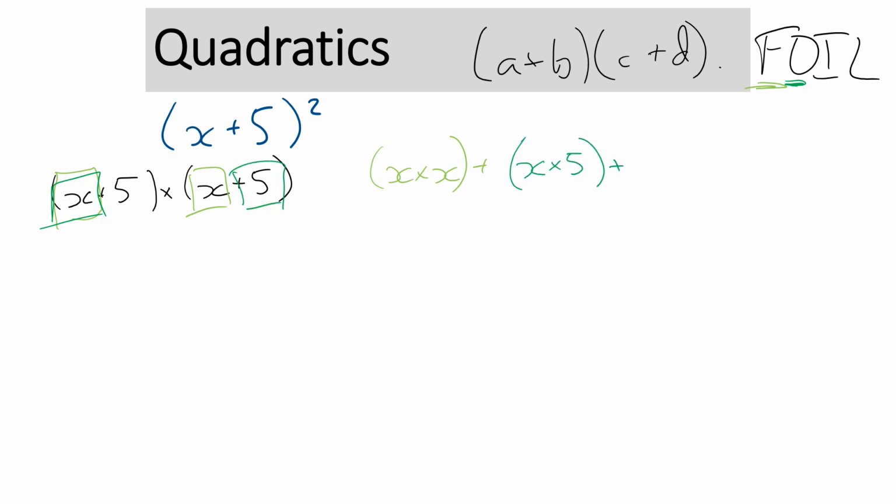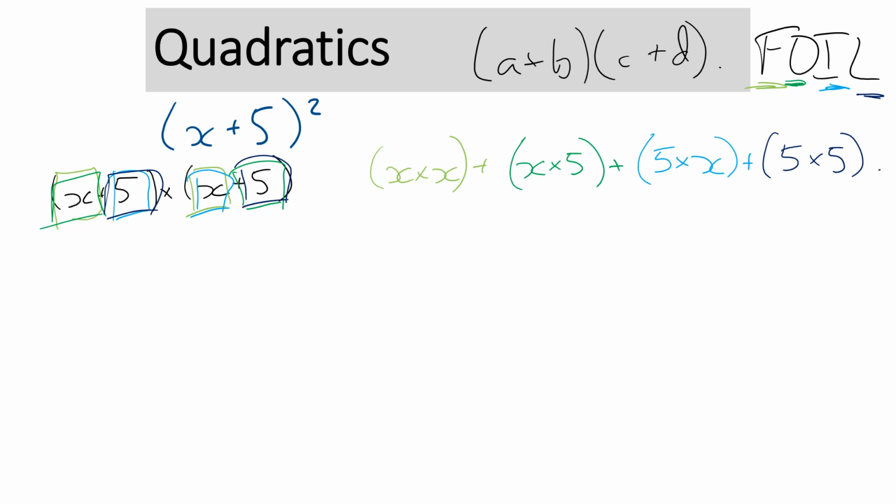Close brackets, add the next expression. Insides, plus 5 and x. So we can do 5 times x. And our final expression is going to be our last, which is 5 times 5. Easy, right? Super, super easy.